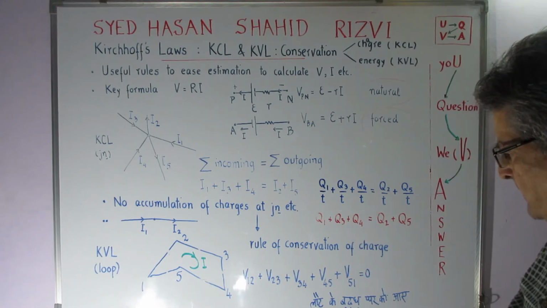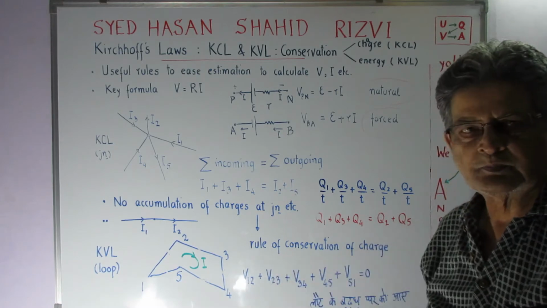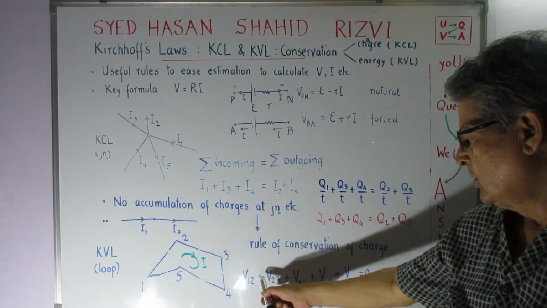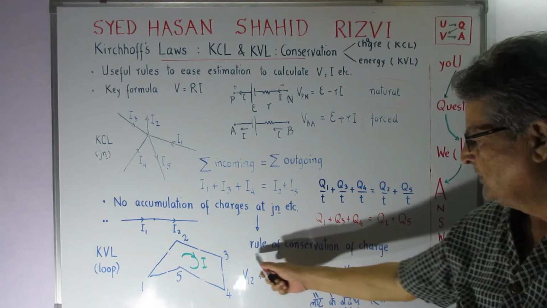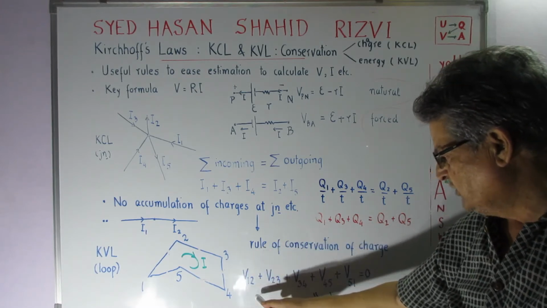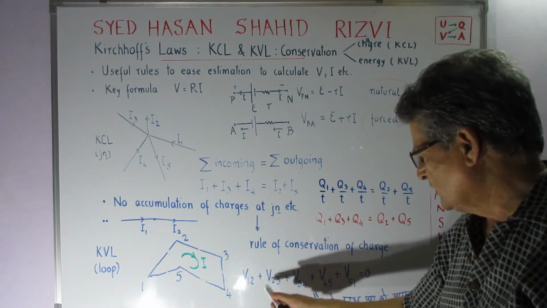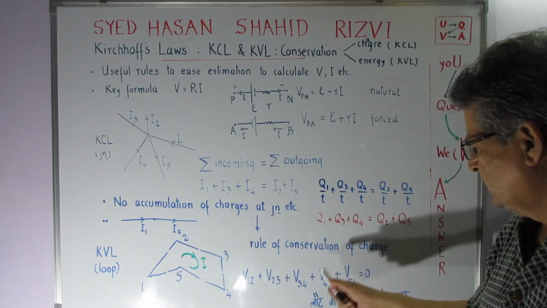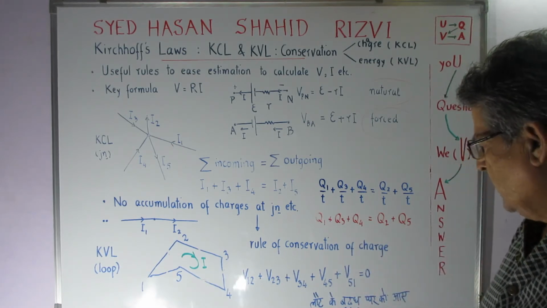So similarly, if I multiply it by a small charge q, then this is the energy associated with this travel, plus this, plus this, plus this, and that is equal to 0. So what is this?